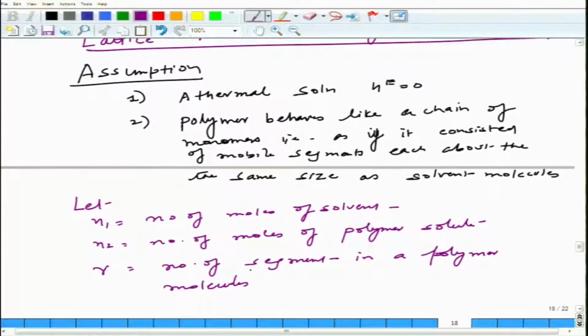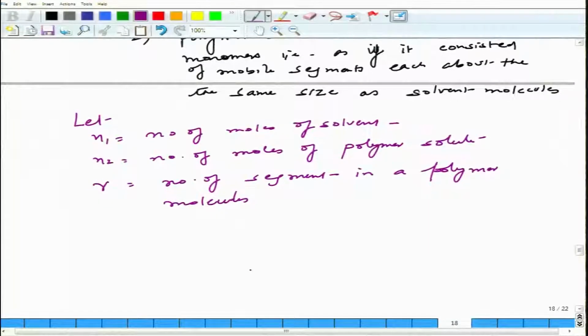Okay. So, given this, what is the number of monomers? That will be N1 plus r times N2, and this is the number of moles. So, we multiply by Avogadro number. That would be the total number of monomers.